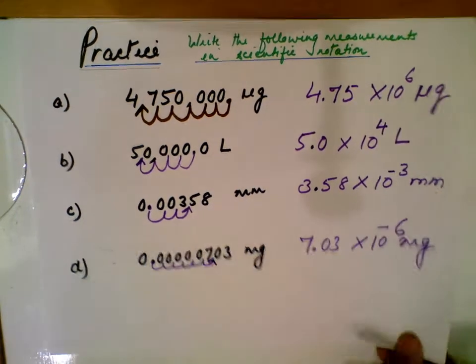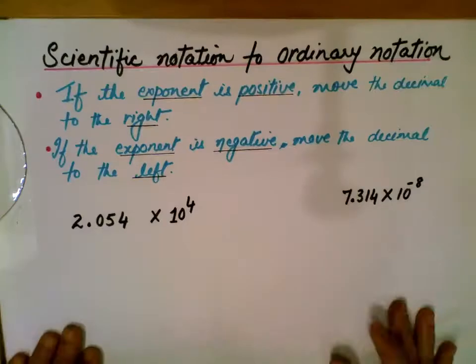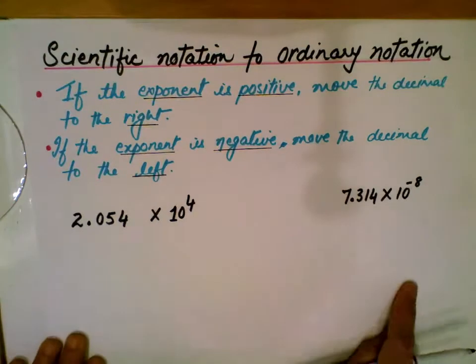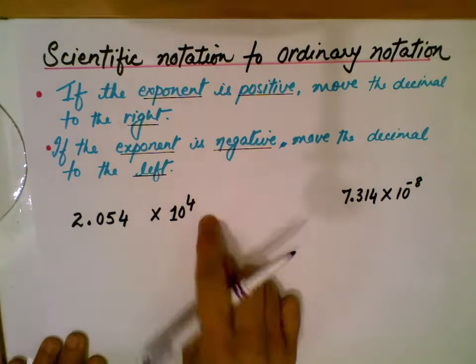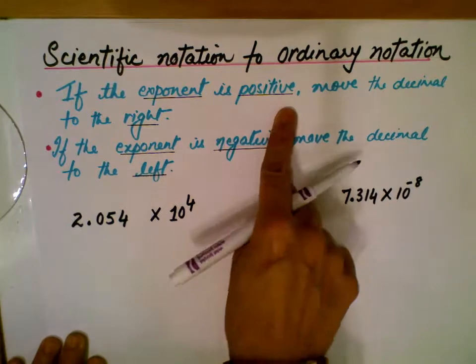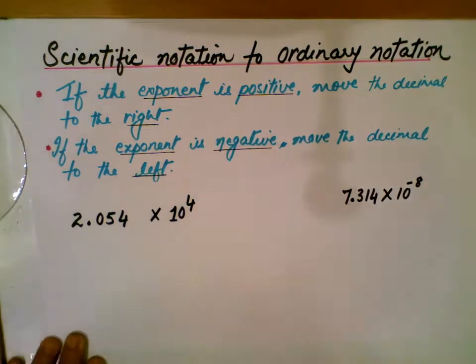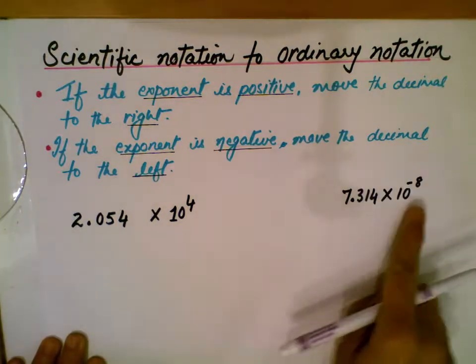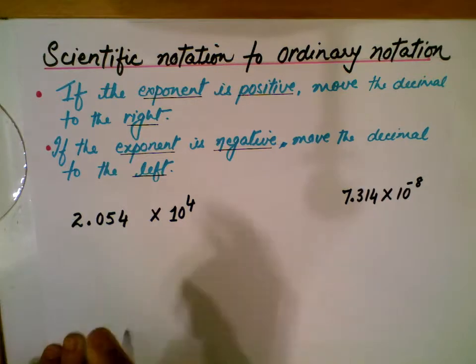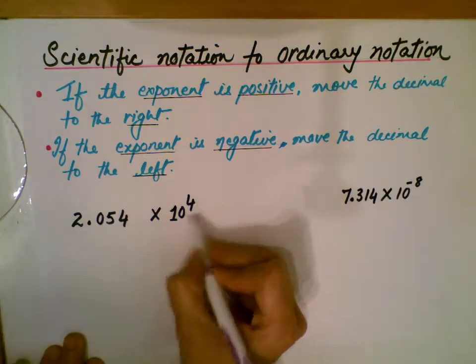Okay, so that was converting from ordinary to scientific. Now, when we have to convert scientific notation to ordinary notation, just look at the exponents. If the exponent is positive, you move the decimal to the right. If the exponent is negative, you move the decimal to the left. So let's move here because this exponent is positive.